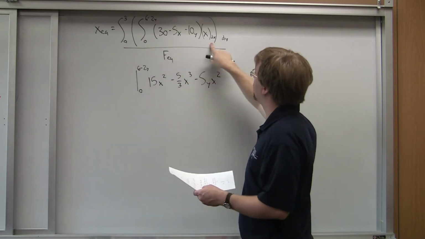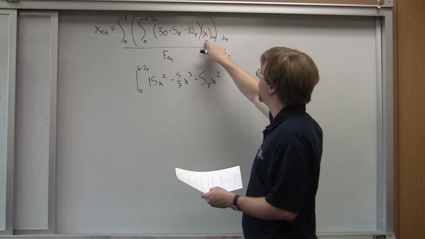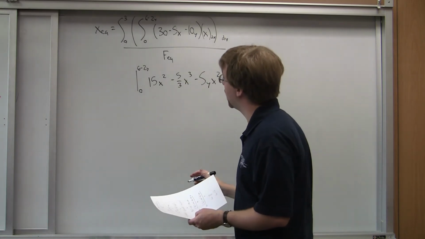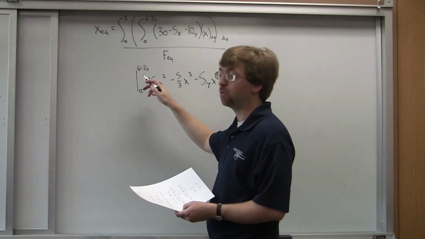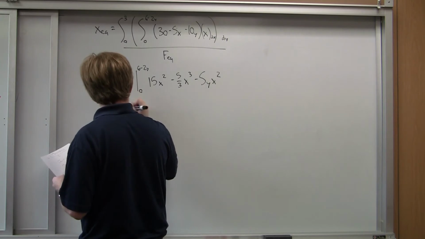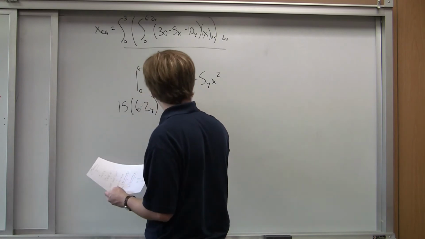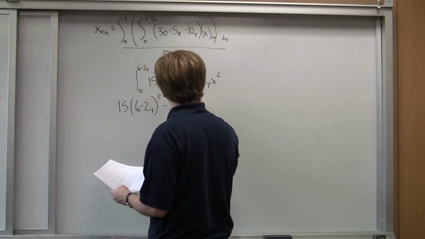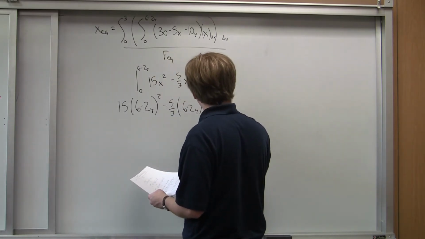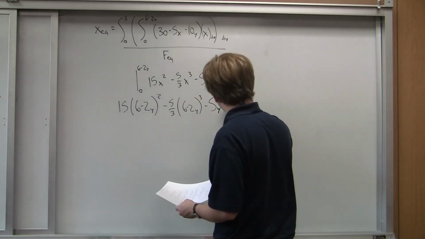So that's the inner integral here, this 30 minus 5x minus 10y times x. For this, we need to plug in 6 minus 2y everywhere there's x. So this is going to be a bit of a mess. It's going to be 15 times 6 minus 2y squared minus 5/3 times 6 minus 2y cubed minus 5y times 6 minus 2y squared.